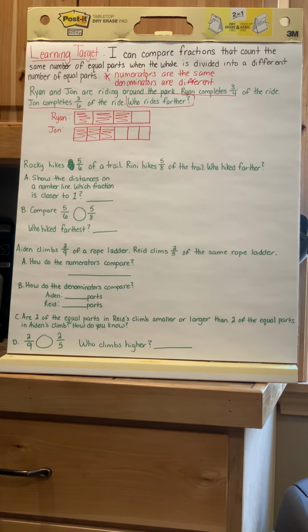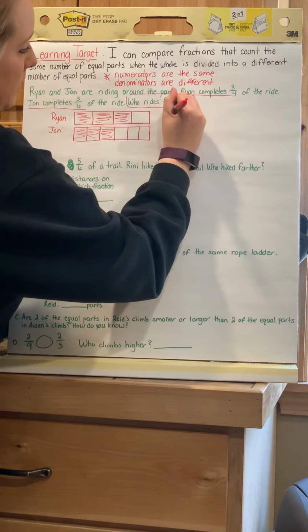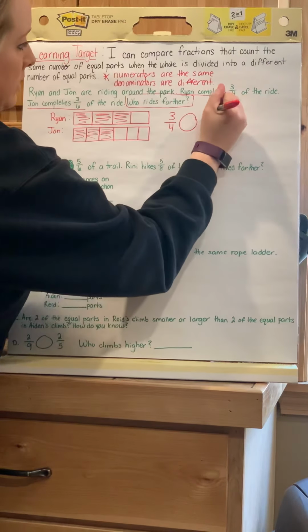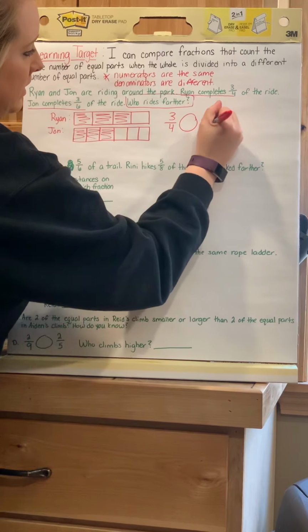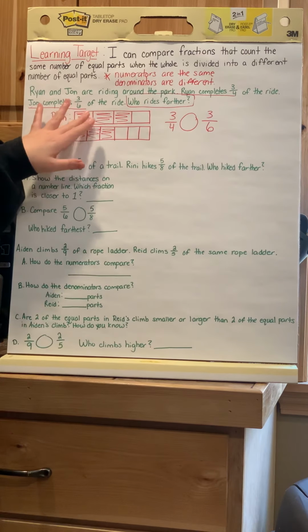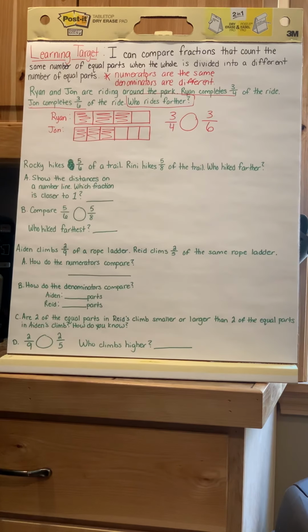So who rides farther? Let's compare these fractions. Let's put Ryan here and John over here. Notice this for Ryan was split into 4, so my whole was split into fewer parts.